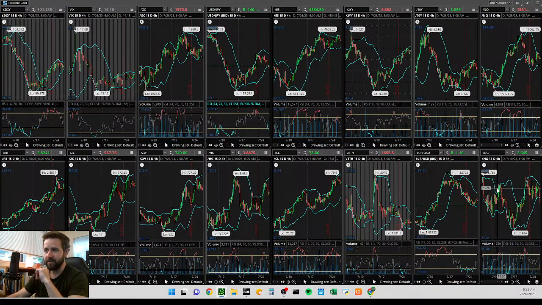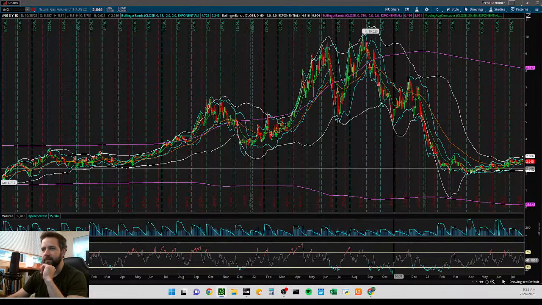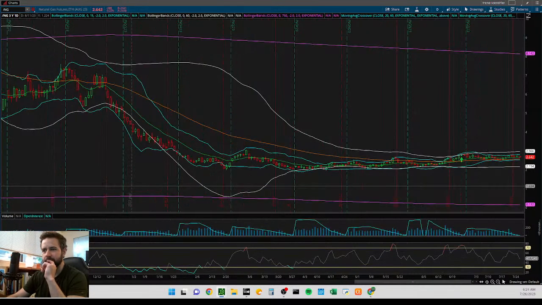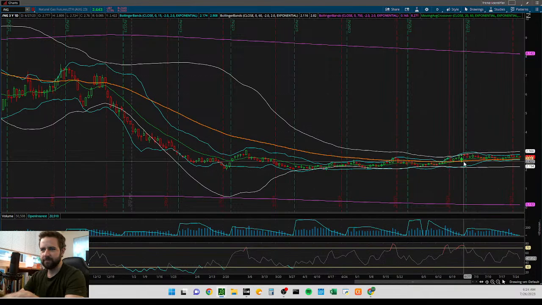Oh wow, natural gas might be on sale. Here's the chart of natural gas. I guess technically it's bullish. Damn it. Fucking cat. Yeah, it went bullish about a month ago.